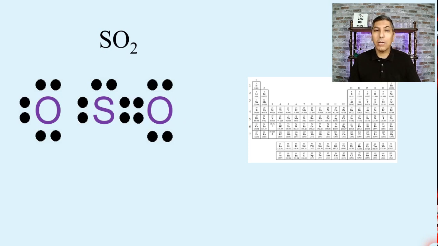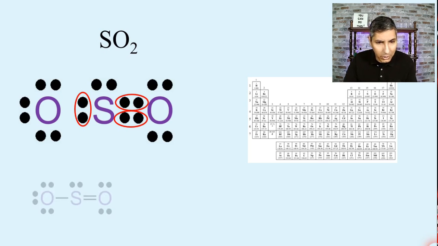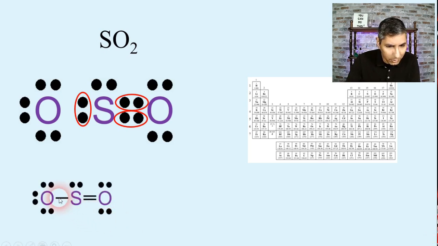And so now I can look at this structure, and it looks like everything has 8 now, doesn't it? Now, in this structure, it looks like I have one single bond, and I have one double bond right there. And so when I draw my finished Lewis electron-dot diagram, I'm going to draw one single bond here on this side. I'll draw a double bond on the other side, and I have this unshared pair, or this lone pair as it's sometimes called, hanging out on that sulfur right there.